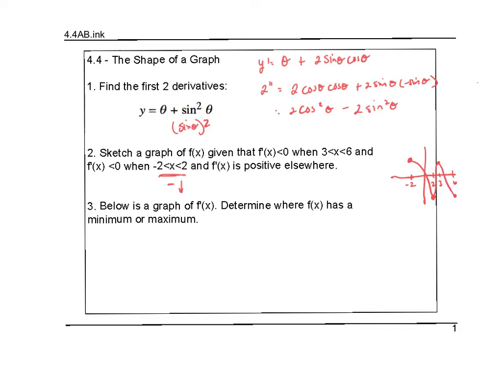So it's a matter of increasing or decreasing. So I'll highlight for us to see a little bit better. We are increasing here, here, and here, and decreasing specifically where they said from -2 until 2, and from 3 until 6, because the derivative was negative.